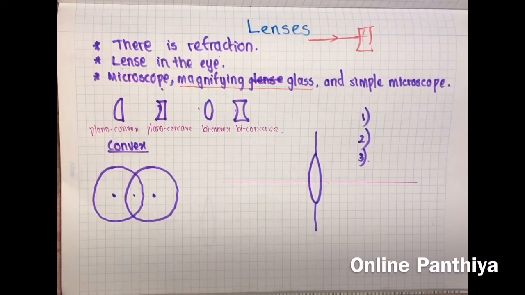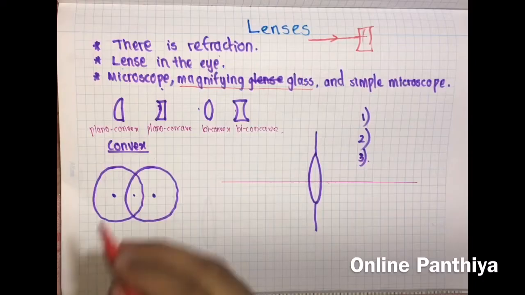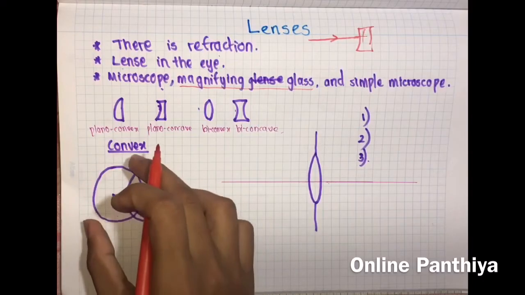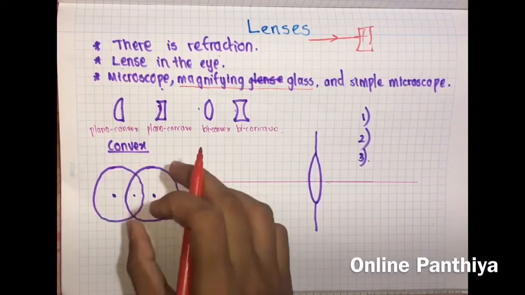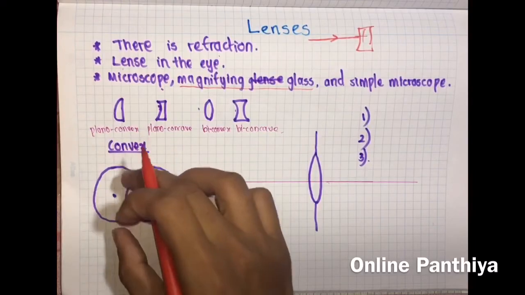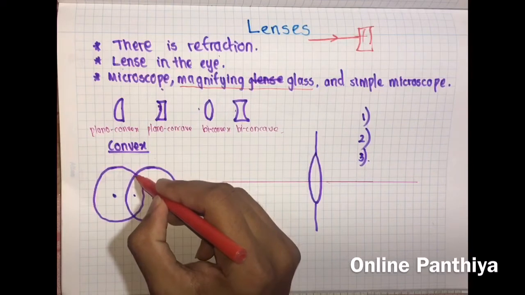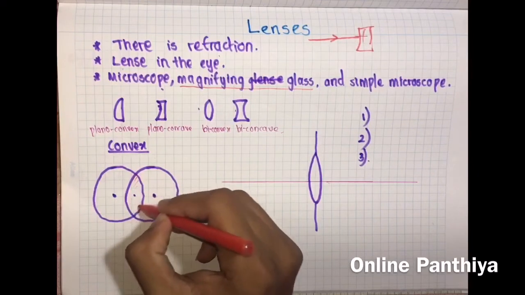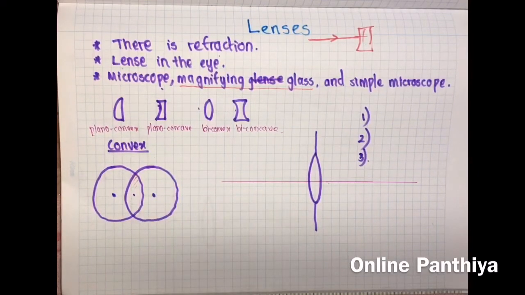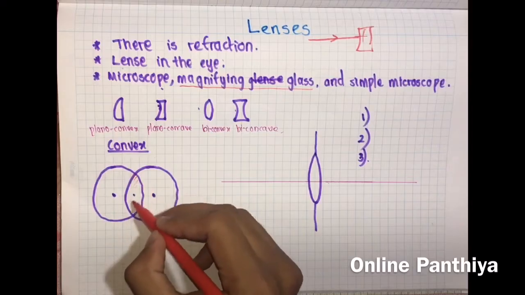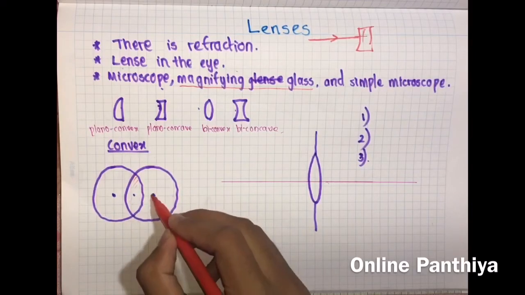Now how is a convex lens formed? It looks like we take two spheres and keep them like this, overlapping. When this is overlapped, this part you take as the convex lens. Understand? Now if this is the convex lens, there are two centers.